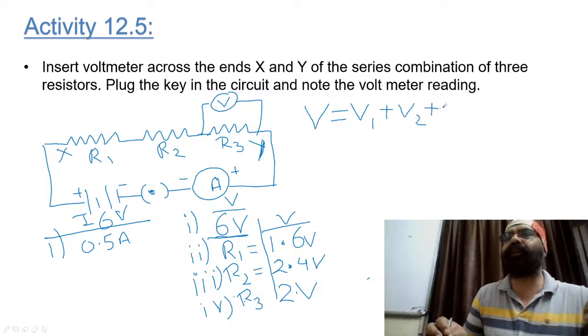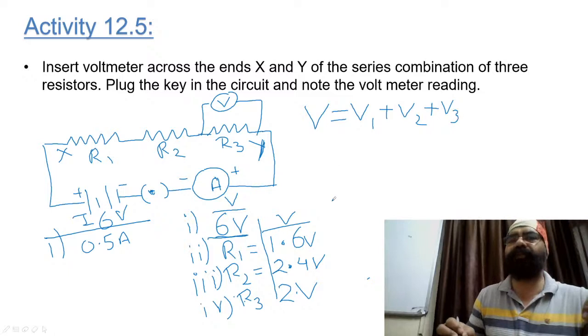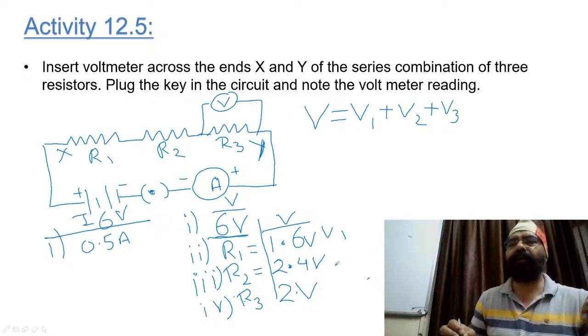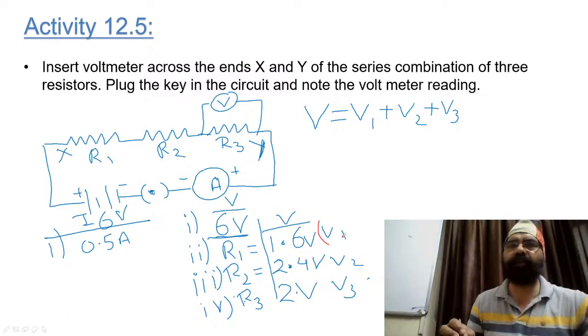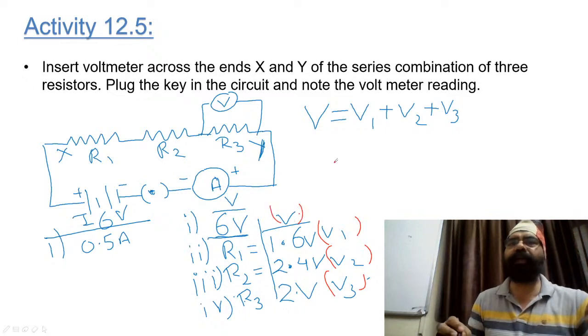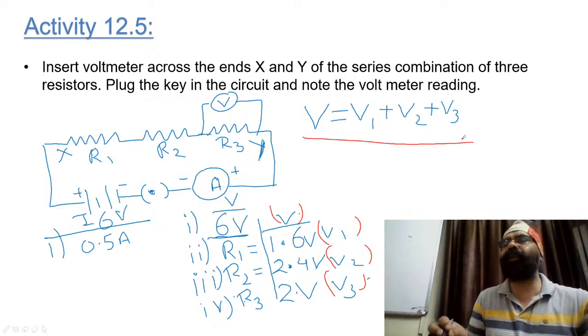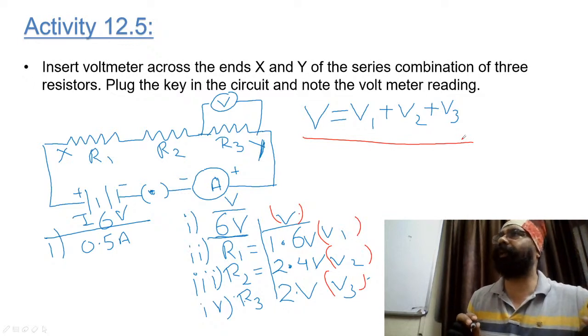V is equal to V1 plus V2 plus V3. This is V1, this is V2, this is V3, and this is V. So you can see that V is equal to V1 plus V2 plus V3.